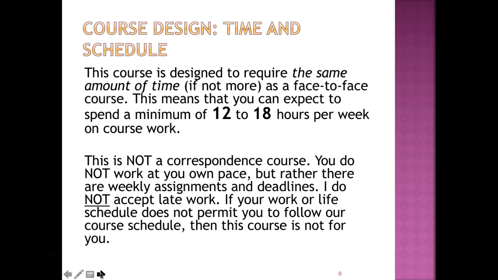Again, this is not a correspondence course. You don't work at your own pace. My goal this summer is to have at least 2 units open at the same time. So in other words, I'm going to open Unit 1 today. You're going to have the Get It Started unit and Unit 1 open. By next week or the end of this week, I'll have Unit 2 open, so that for those of you that work a little bit more quickly, you can work a little bit ahead, but I'm not going to open the whole course.